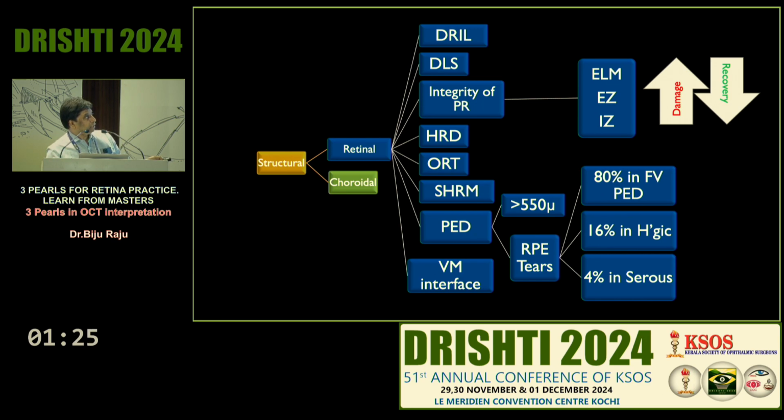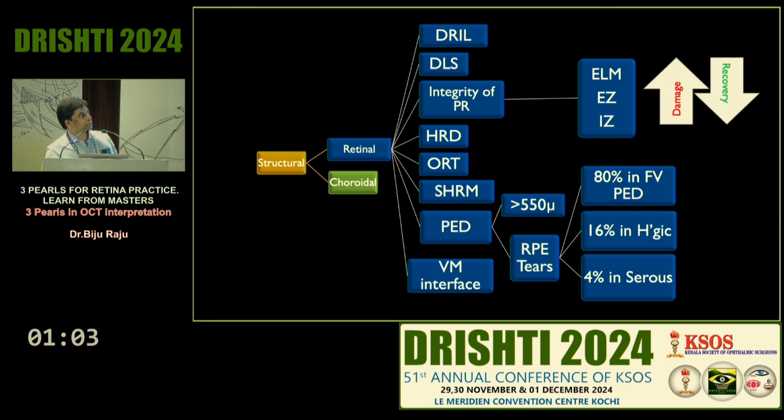And the structural changes could be retinal or choroidal, and these are a few of the retinal biomarkers. We can see the DRIL, which has a poor prognosis, the double layer sign, which can say that there will be more exudation, but they can respond well, and integrity of the photoreceptors based on the external limiting membrane, ellipsoid, and the interdigitating zone.